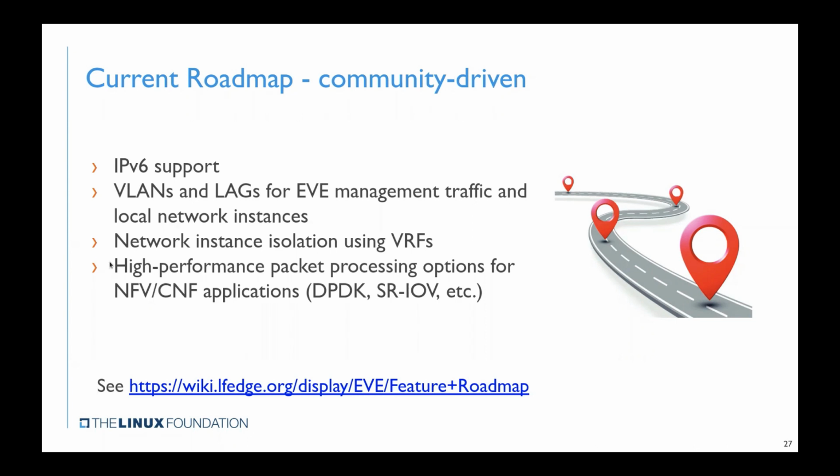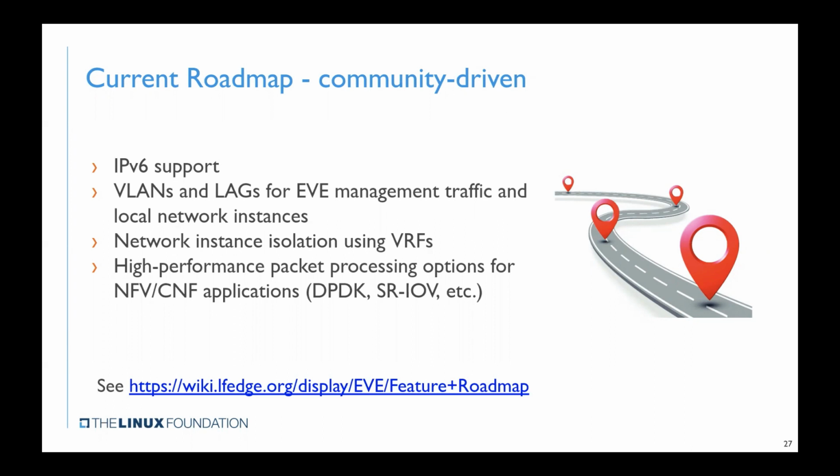And then also something that we are thinking about is to provide some high performance packet processing options for virtual network function and container network function applications. So basically for applications that need high performance networking.